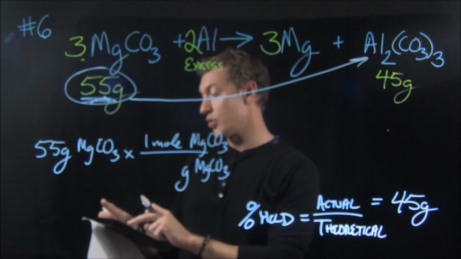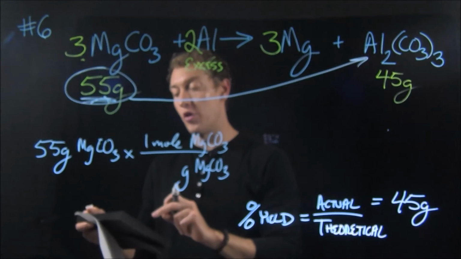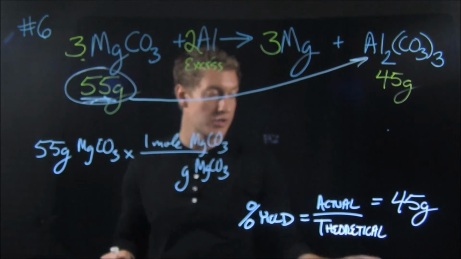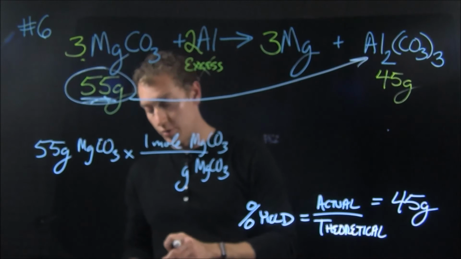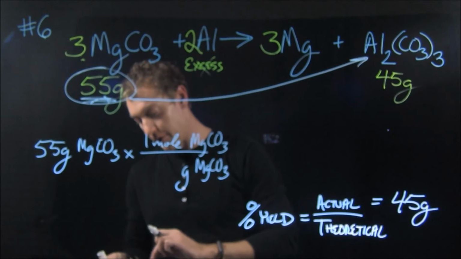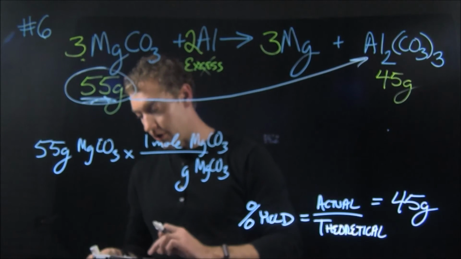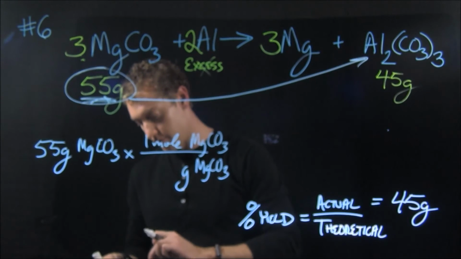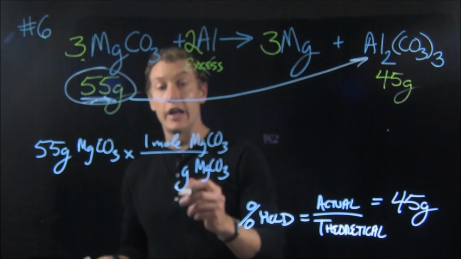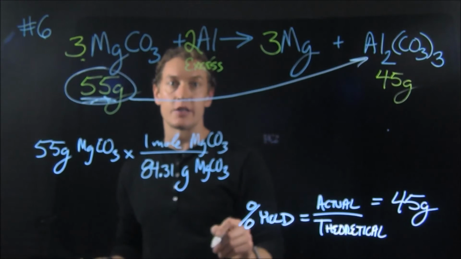Magnesium is 24.30 plus carbon is 12.01 plus 3 oxygens, and that adds up to 84.31. So 84.31 grams of magnesium carbonate.